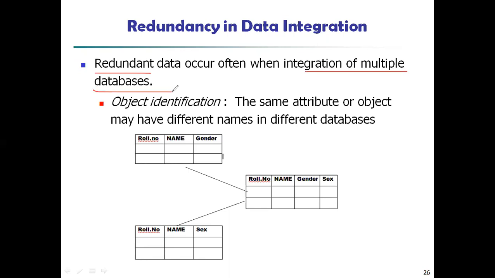There are two kinds of redundancies that may occur in data integration. The first one is object identification. Object identification means the same attribute or object may have different names in different databases.